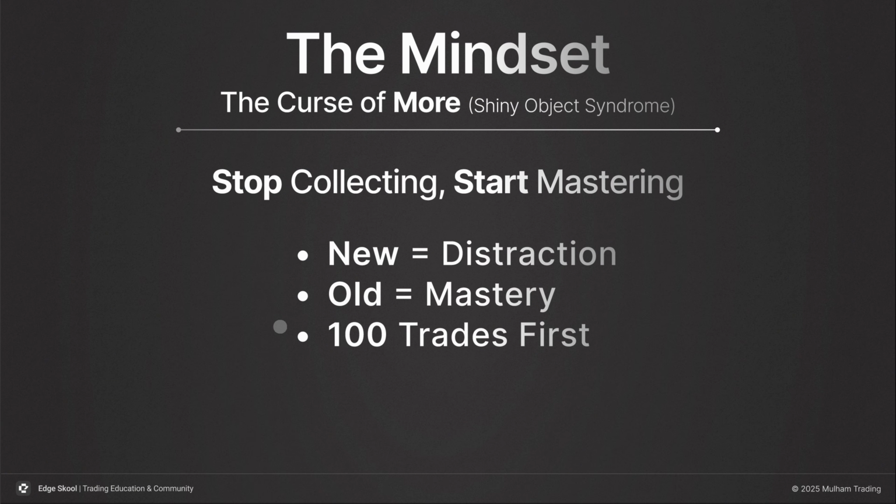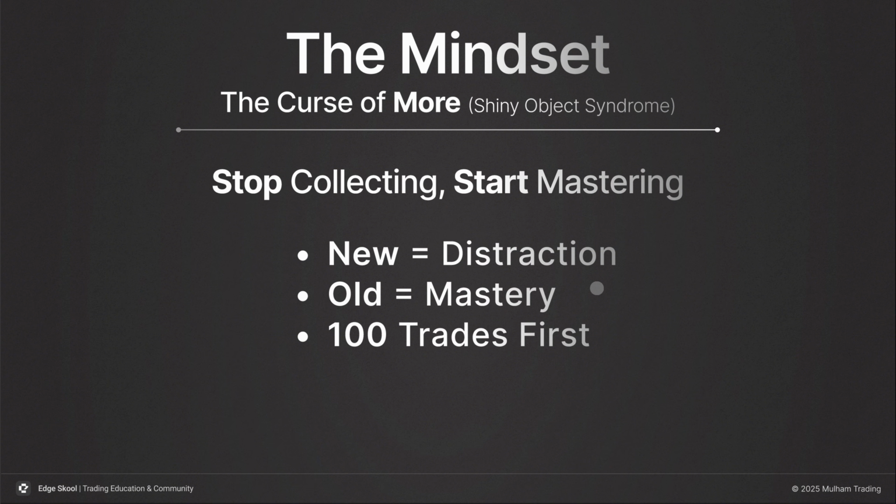So what you need from this moment is to stop collecting and start mastering. You want to stop collecting new concepts, but start mastering what you already have. New equals distraction, but old equals mastery. And for any concept that you learn, you want to apply it on 100 trades first, and then you start mastering.